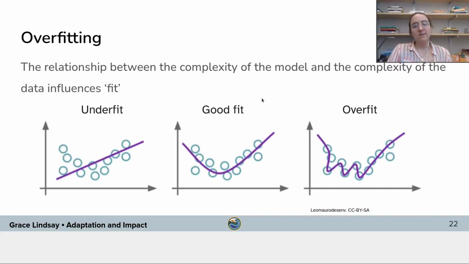Now, one thing to think about in all machine learning models, but it really comes up especially in artificial neural networks, is that you have to think about overfitting. So if the data that you're looking at has a certain relationship, here you can see by these data points that it's a roughly quadratic relationship between the x and the y variables here.